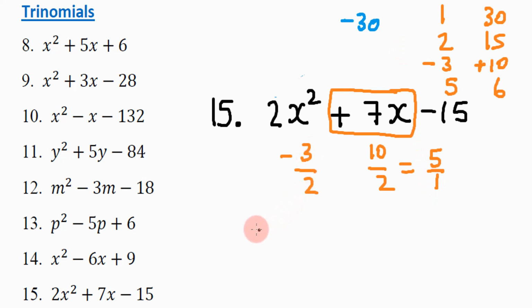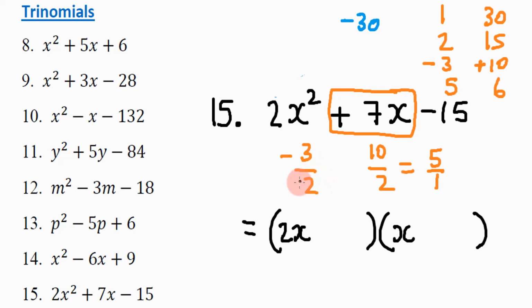We can simplify 10 divided by 2 as 5, or 5 over 1. Now we open two sets of brackets. Now the numbers below here, 2 and 1, we will multiply by x. So 2 times x is 2x, and 1 times x is 1x. Then above the 2 here we have negative 3, and that will go in the first set of brackets.